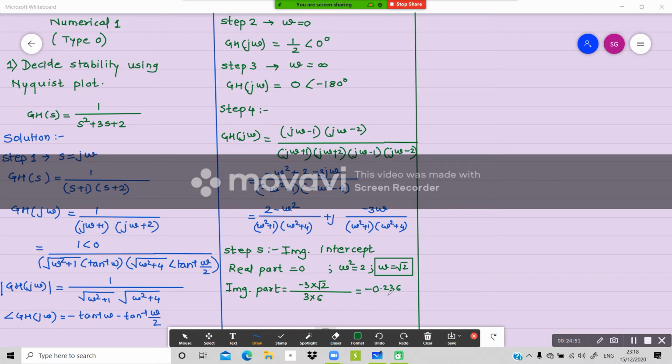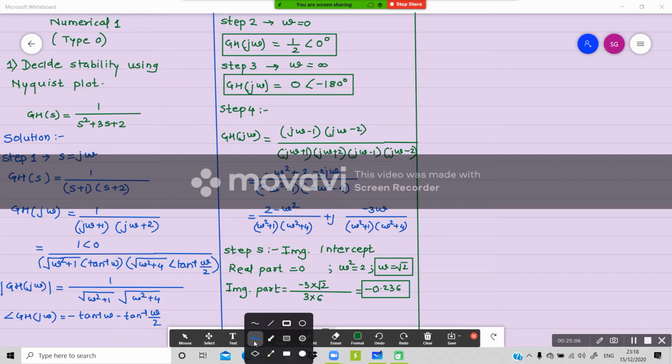So you got the imaginary intercept over here. I'll make a bracket for this. These are important values, and they will be required for calculation. These are the four.